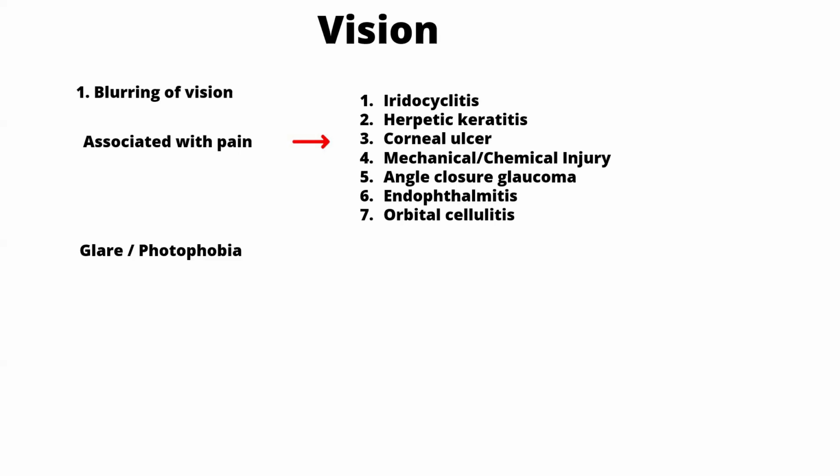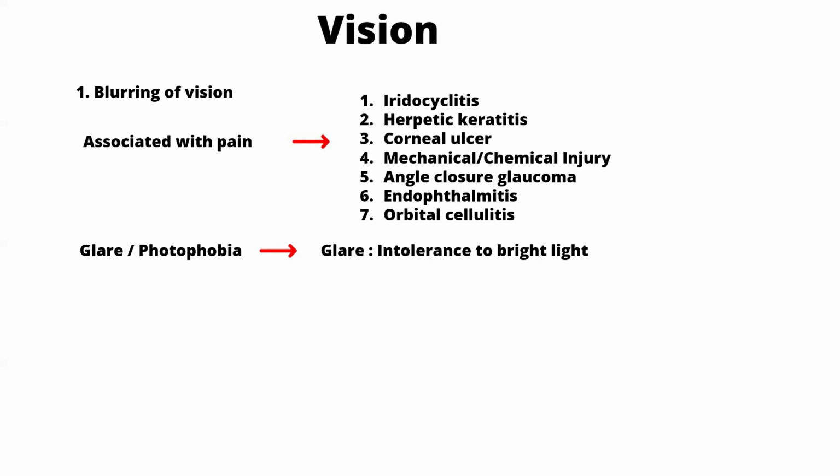Blurring of vision associated with glare or photophobia. What do you mean by glare and photophobia? When we say glare, it is intolerance to bright light. So this is even seen in normal people. A normal individual, when exposed to intense light, can experience glare, right?